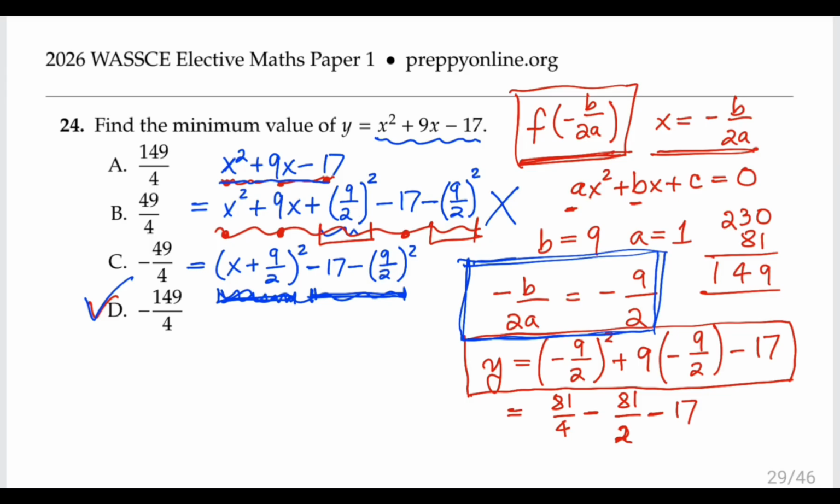No matter what the value of x is, this expression remains the same. But this one depends on the value of x. And so the one that we can do something about is the one that depends on the value of x. And the question is, if you want to minimize this whole expression, what should be the value of x?